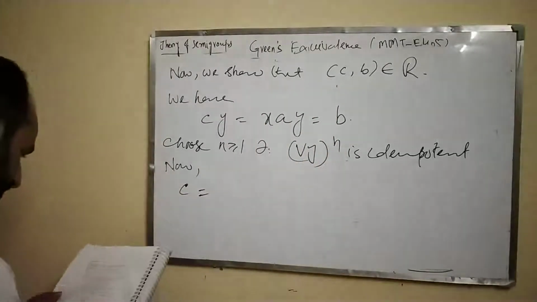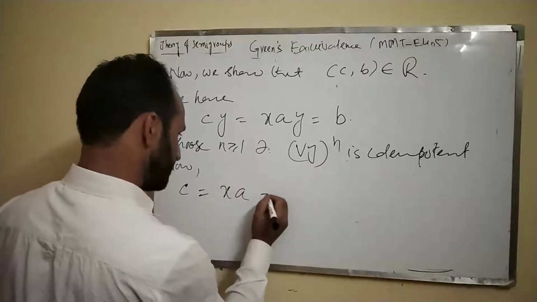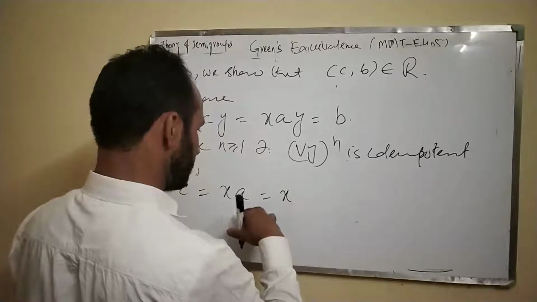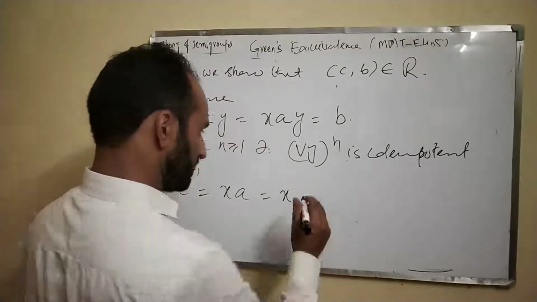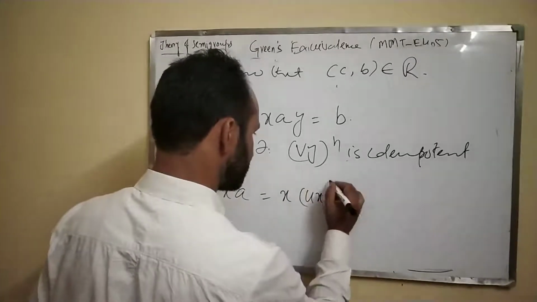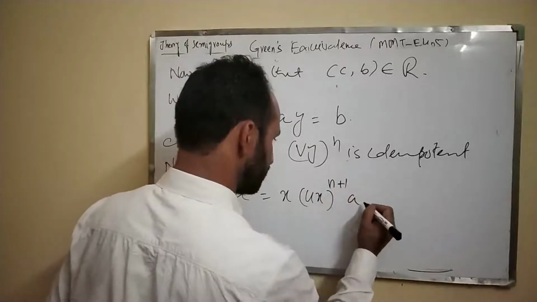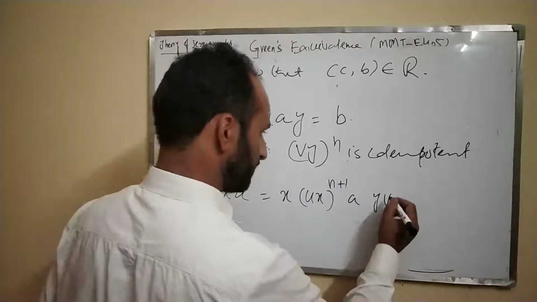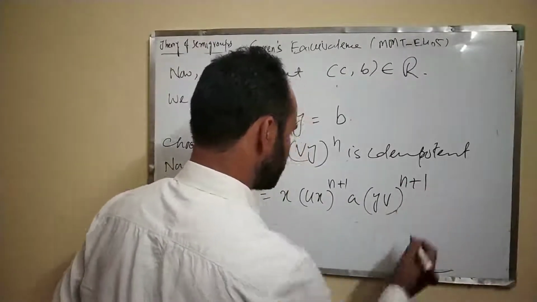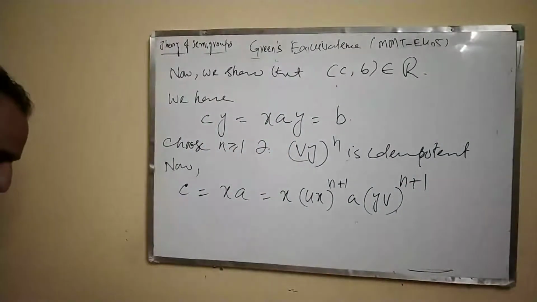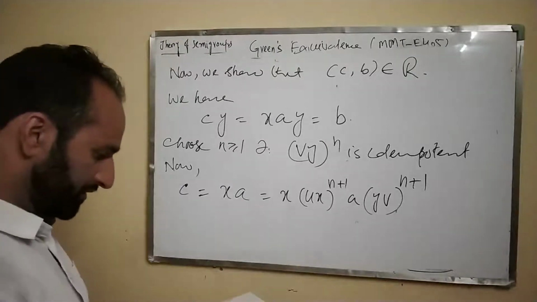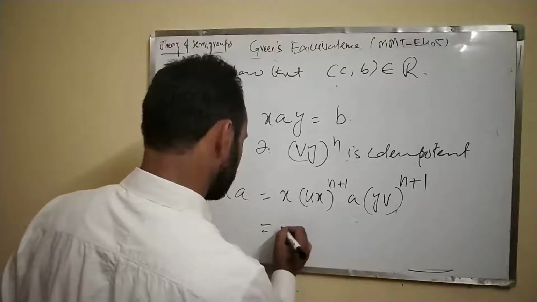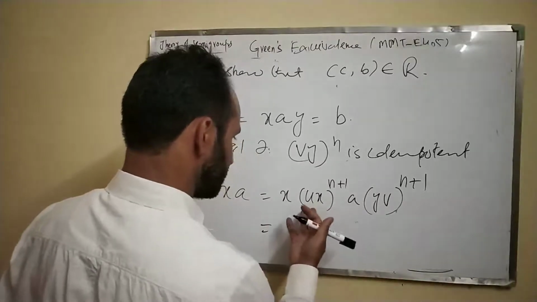C is equal to XA, and this A is equal to ux power n plus 1 into A into yv into yv power n plus 1, where n is any natural number we choose. Let's expand this.